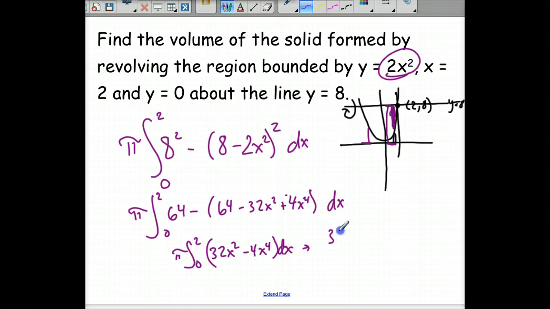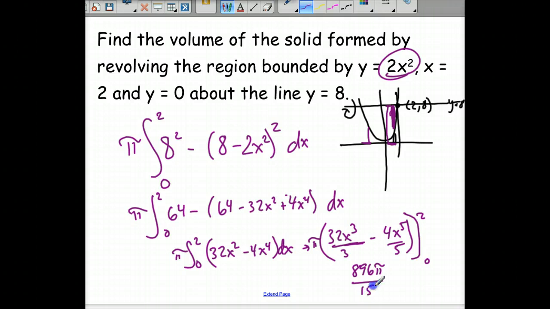So it's 32x to the third over 3 minus 4x to the fifth over 5, times pi, from 0 to 2. So you work that out and you're going to get 896 pi all over 15.